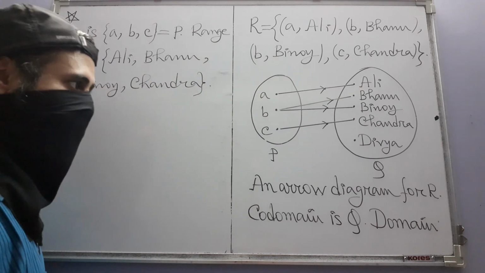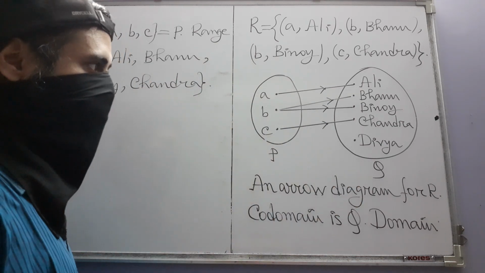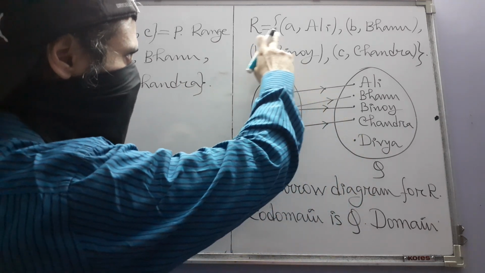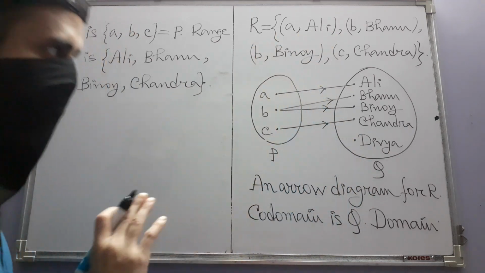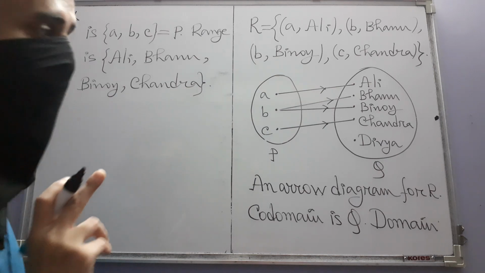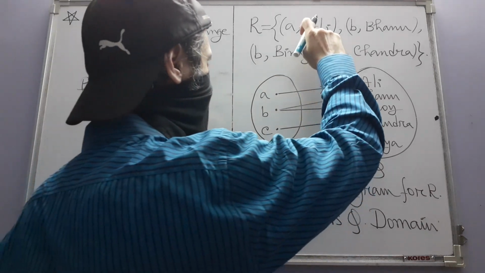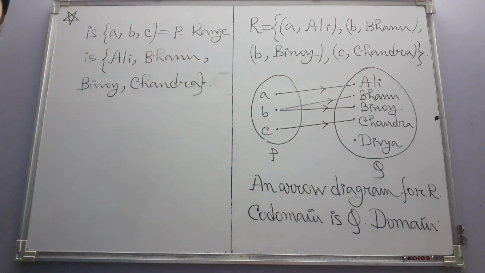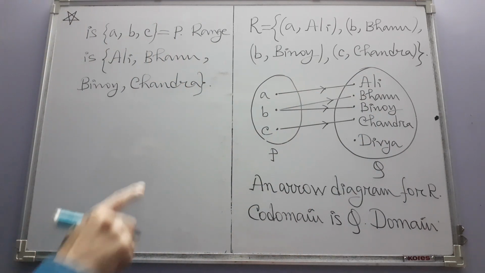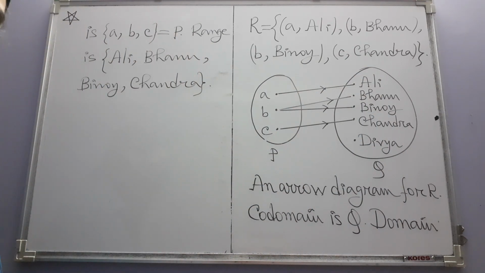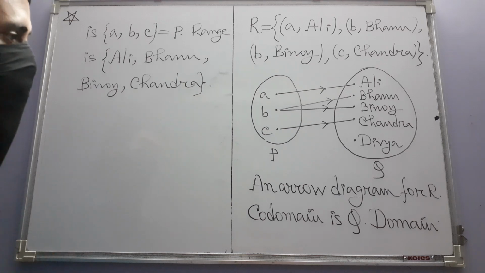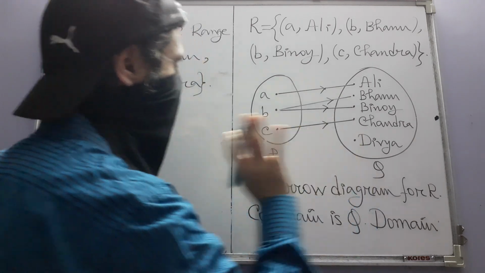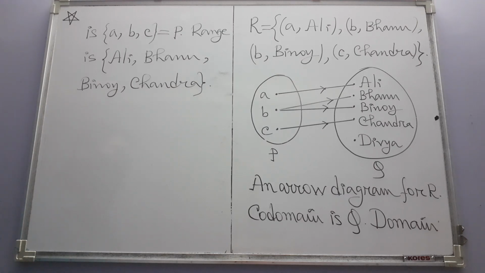Note that the range is a subset of Q. Of course, it's always going to be a subset of Q because it consists of some elements of Q, namely those elements that appear as second components or second coordinates in the ordered pairs which are there as elements in R. This name is not in the range of R.